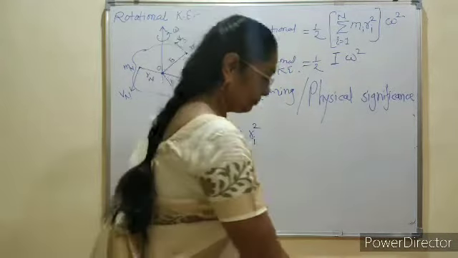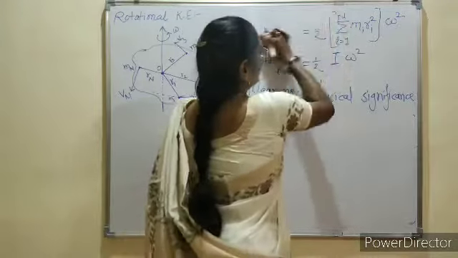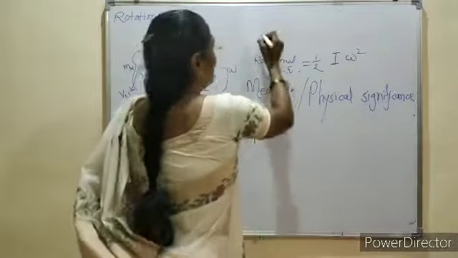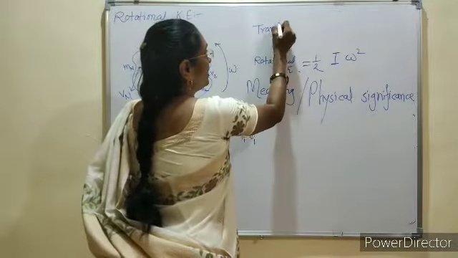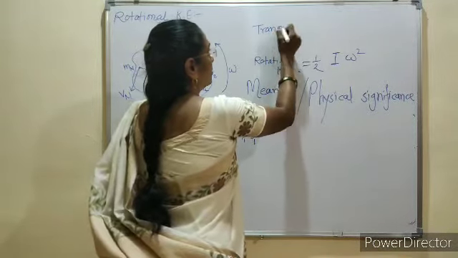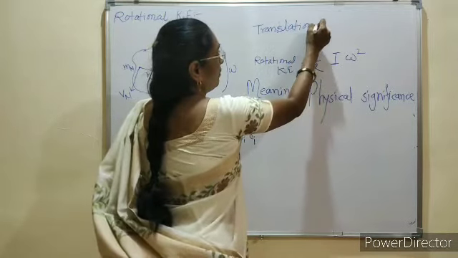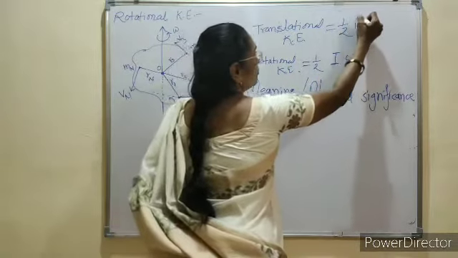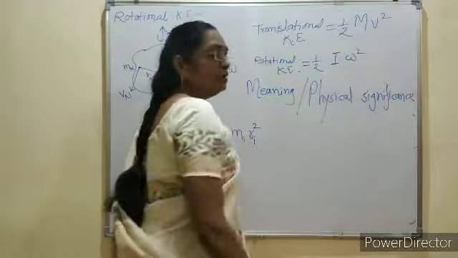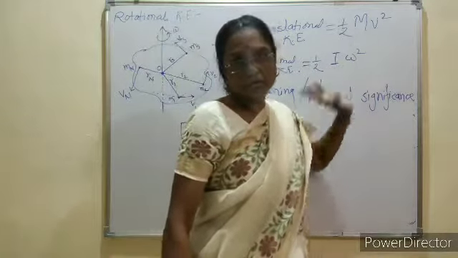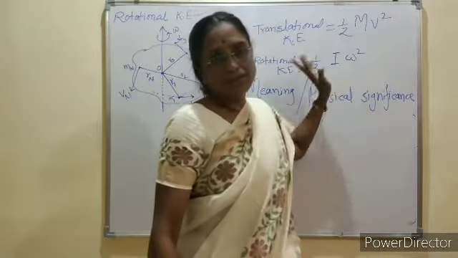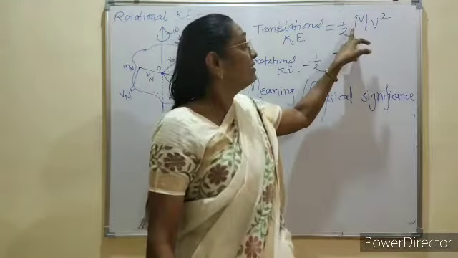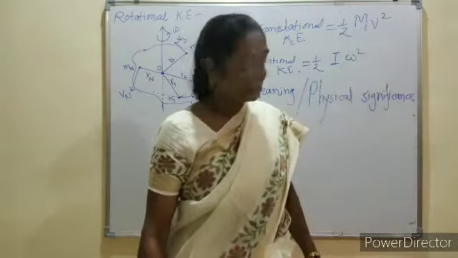Similarly, we have one expression in our translational motion, the translational kinetic energy. It can be given by half into m into v square. If m is the mass of the body and v is the velocity of the body, then we can easily write translational kinetic energy, or linear kinetic energy, as half m v square.